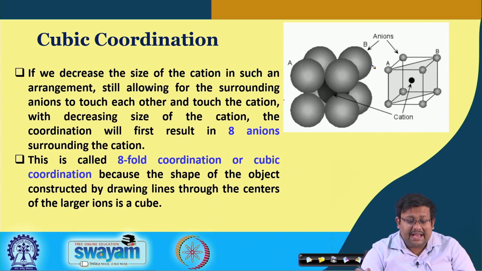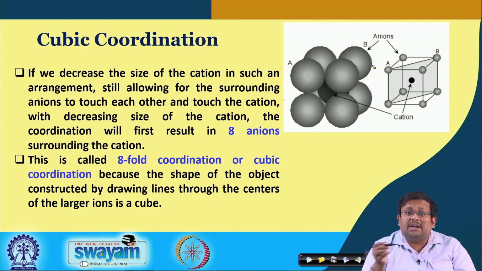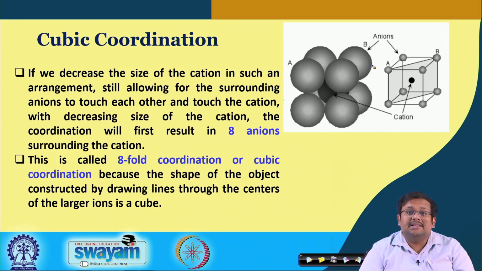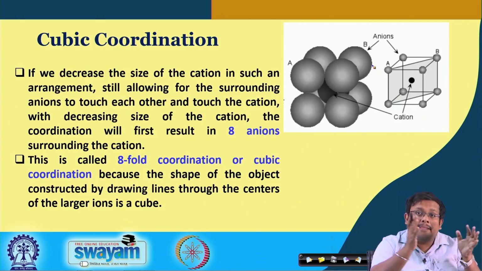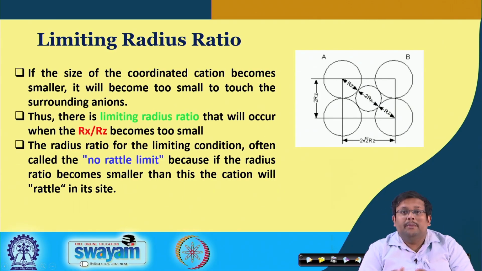This is called 8-fold coordination or cubic coordination, because the shape constructed by drawing lines through the centers of the larger ions is a cube. So, now we have seen how we can change from a 12-fold coordination to 8-fold coordination to get a cubic arrangement.